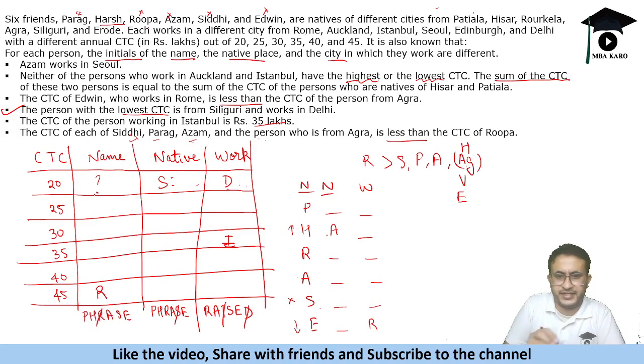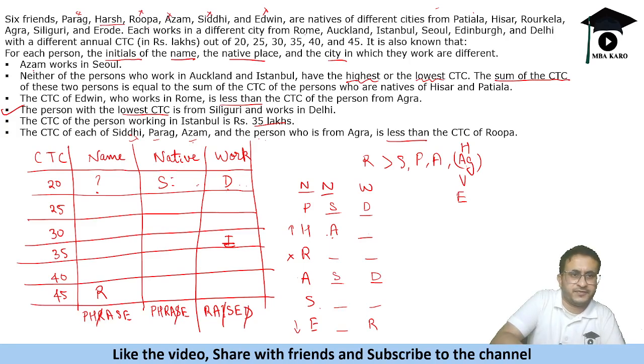We need to find this name. It cannot be Rupa, which is already there. We have to put S and D, right? So PSD is possible. Here HA has come. RSD is not possible because this is already the highest. ASD, is it possible? Azam works in Seoul, so this is also not possible.